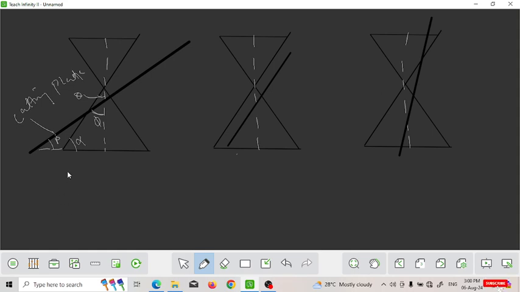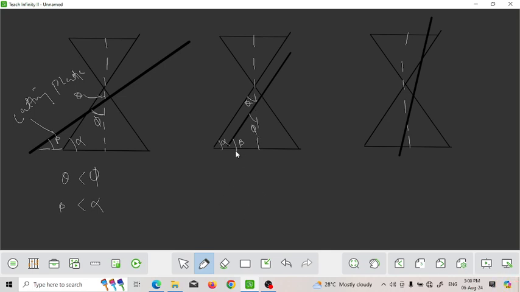So here we observe theta is less than phi, and beta is also less than alpha. This is our angle beta and this is our alpha, and this is our angle phi and this is our angle theta.